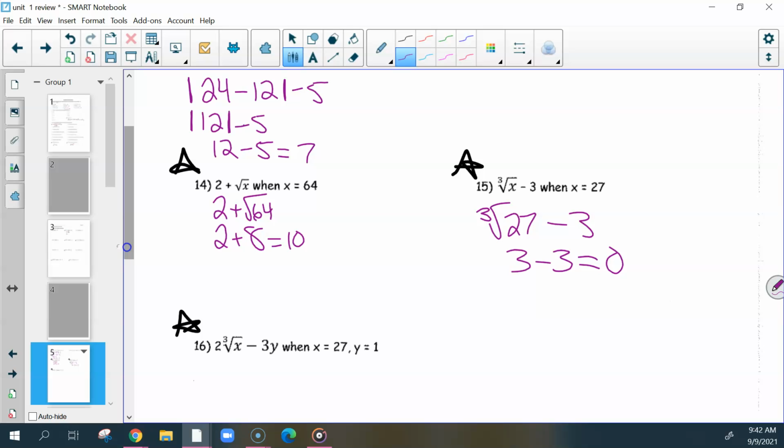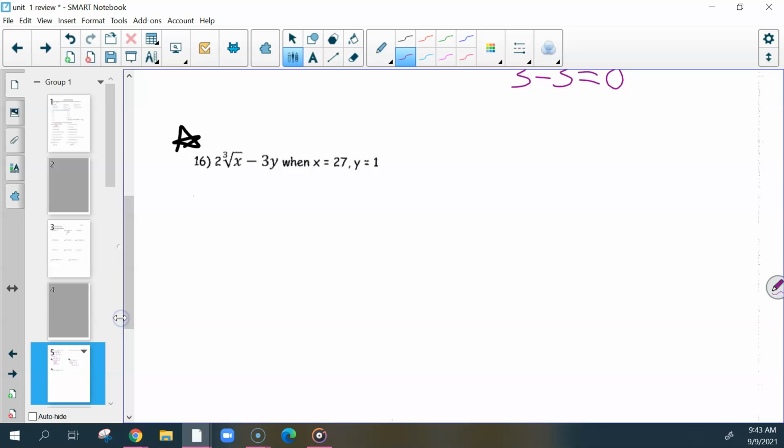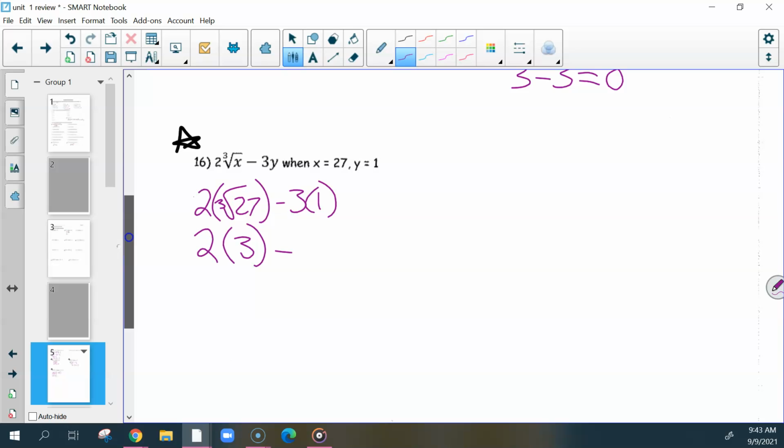So we're looking for the cube root, not the square root of 27. So what number times itself 3 times would give us that number? And then same thing, put in your figure 27. We just found the figure 27 is 3. And we did this one.